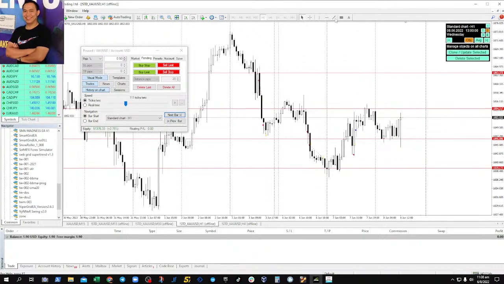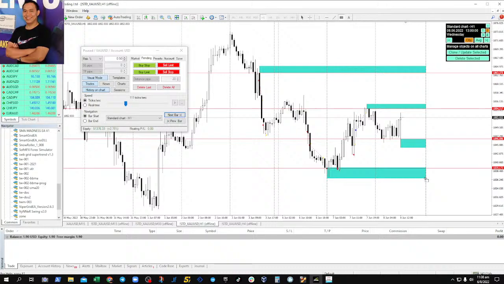In H1 we draw our supply and demand level. We just need to draw it until the next session. Like that, and this one is of course here, and this one I'll take this. It looks a bit weird, but I'll take this one.